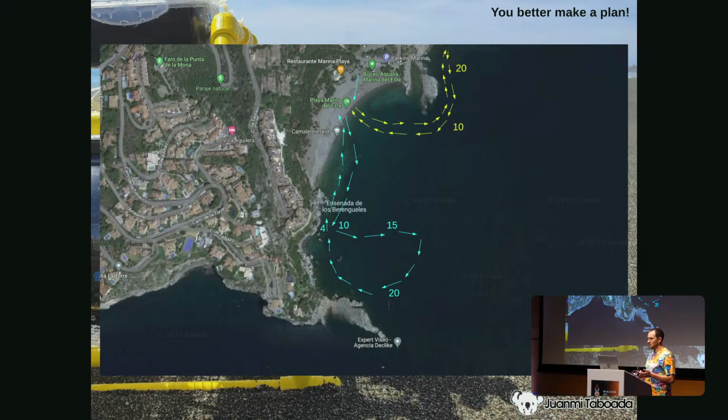So for that time to be worth it, you better make a plan. It's like you are going somewhere, and what you see on the line of the water is just a reflection of the sky, and everything is blue on the top line. But under the water it is like when you are on a mountain, and you can see rocks and hills and caves and things like that. So when you are going under the water, you have to know what you are going to see, because you can face the problem of getting disoriented.